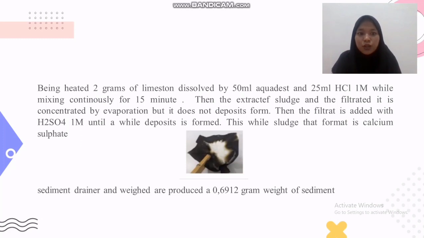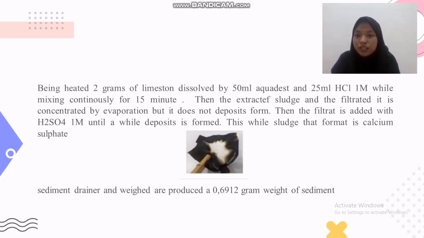The limestone was heated, then grams of limestone were dissolved with 50 ml aqueous and 25 ml HCl 1 molar while mixing continuously for 15 minutes. Then the sludge and the filtrate were separated. The filtrate is concentrated by evaporation, but without forming a deposit.